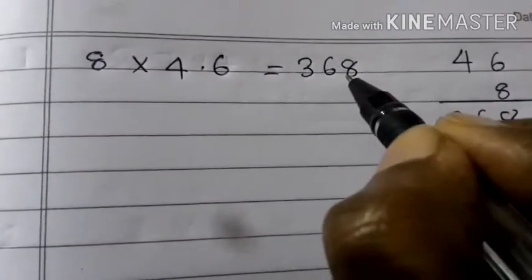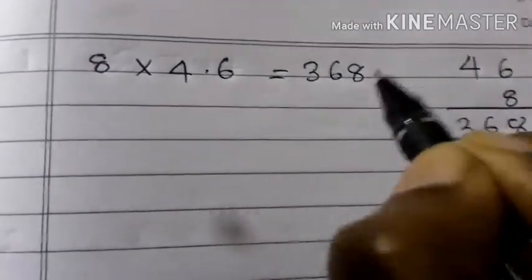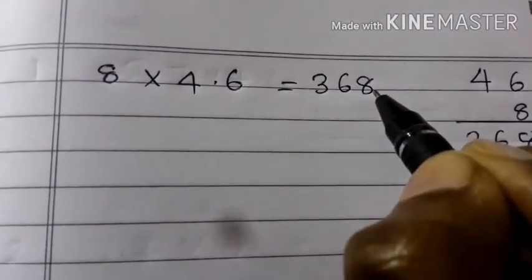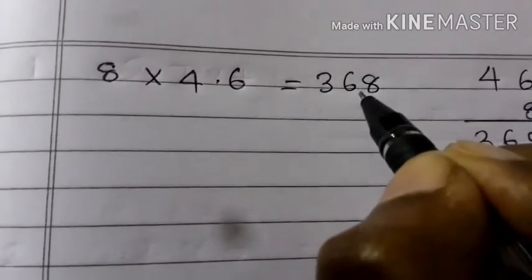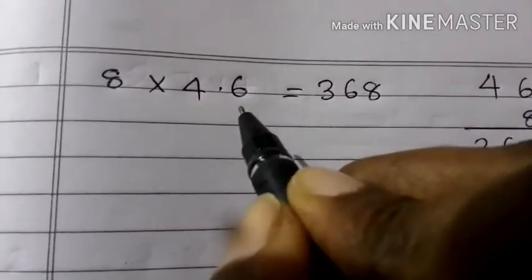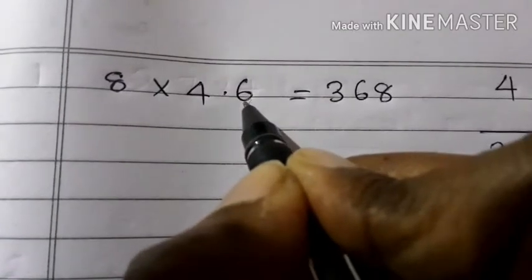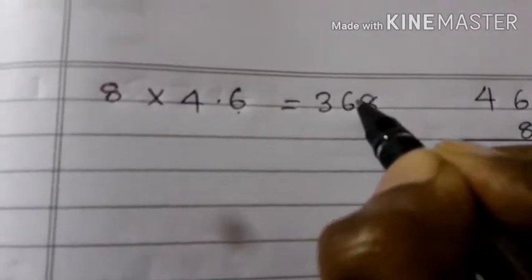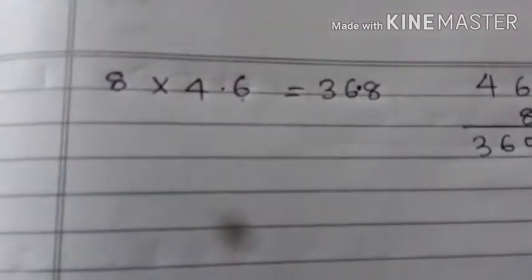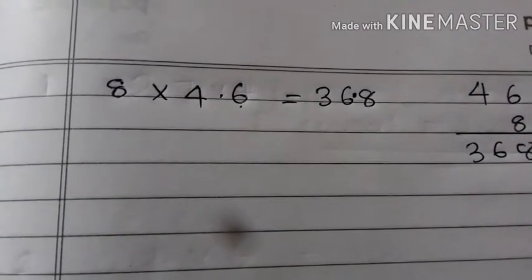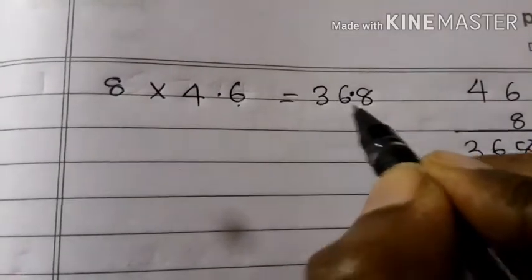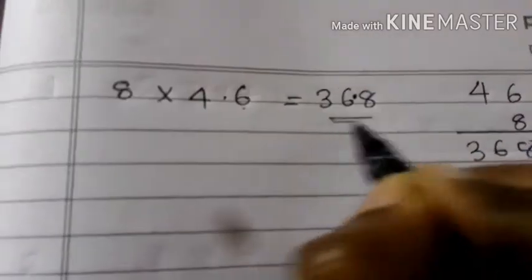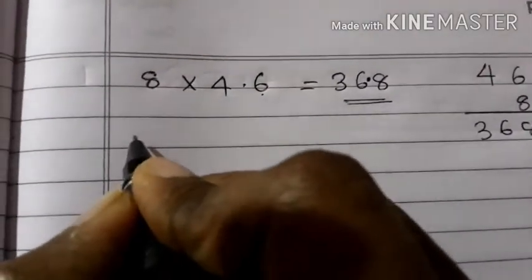So in the product also we count one digit from the rightmost number and move to the left. So put the decimal point here. Okay, this is 36.8.